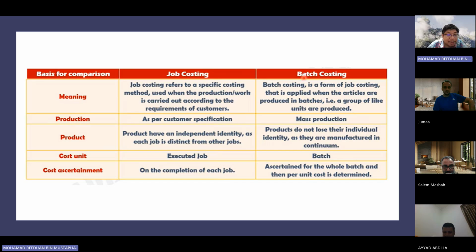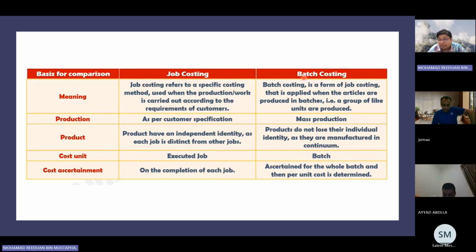Okay, now the basic comparisons between job costing and batch costing. Job costing refers to the specific costing method used when the production work is carried out according to the requirements of the customer, whereas batch costing is a form of job costing that is applied when articles are produced in batches, and a group of like units are produced.